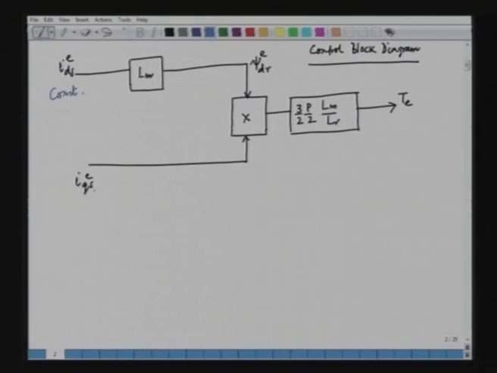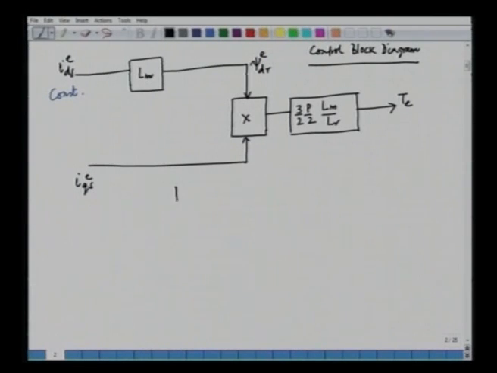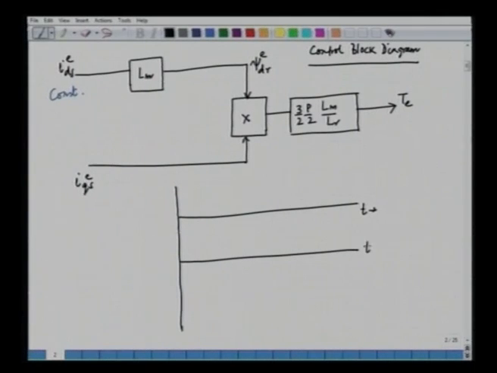If we see the response, I can plot this against time. All the variables I can plot against time. In this case, let me keep IDAC constant.